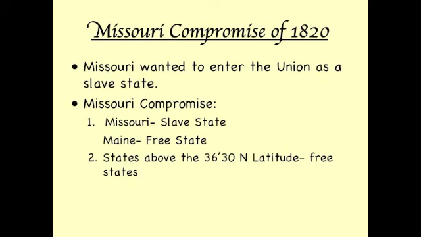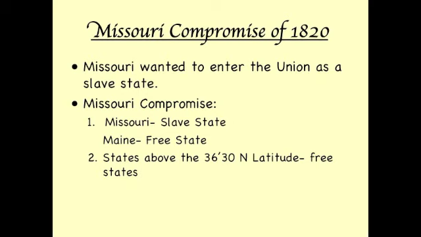The basic issue at stake was slavery. Missouri wanted to be admitted into the Union as a slave state. Now, several members of Congress from the North objected to admitting Missouri as a slave state, not because they were concerned about African Americans being free, but because they feared that by having another slave state, the Southern states would have too much power in the Senate.